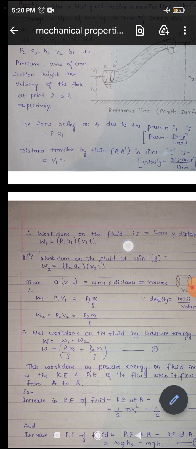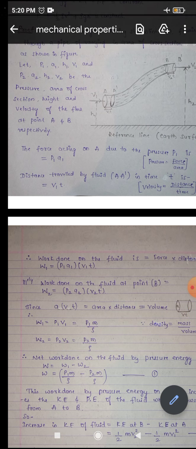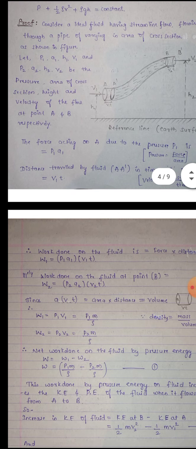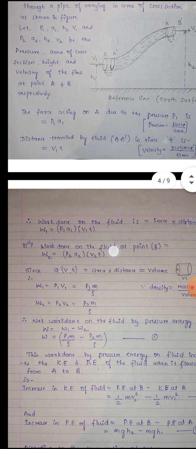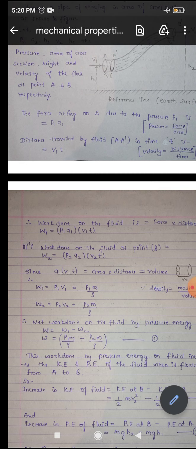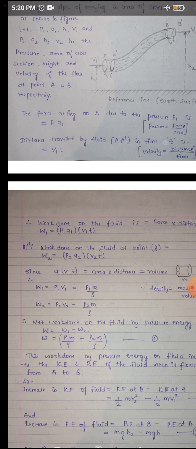Similarly at point B we calculate the force and distance. The work done on the fluid at point B is W2 equal to P2 A2 V2 into t.